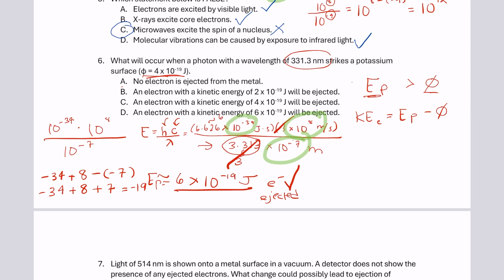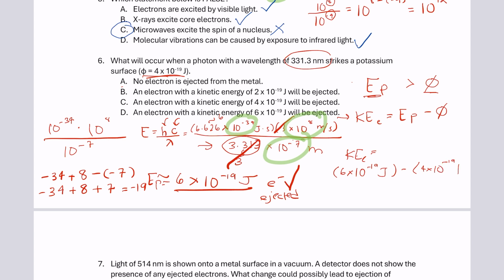We know they're ejected, but we still don't know what their kinetic energy is. That's the second part of this question. To determine the kinetic energy of the ejected electrons, we're going to have to use this equation. The kinetic energy of the ejected electron is going to be the difference between the photon's energy and the work function of the metal.